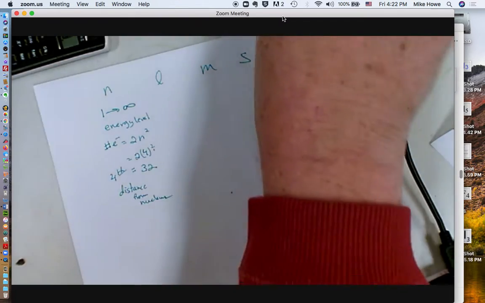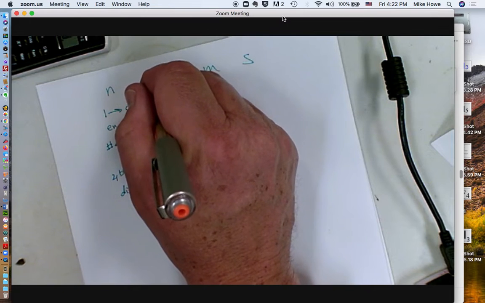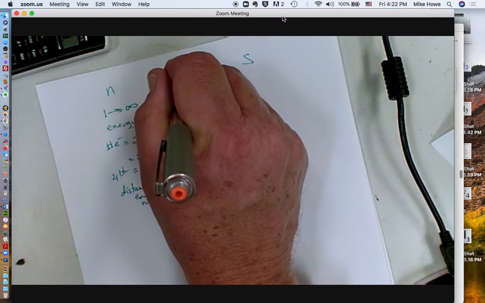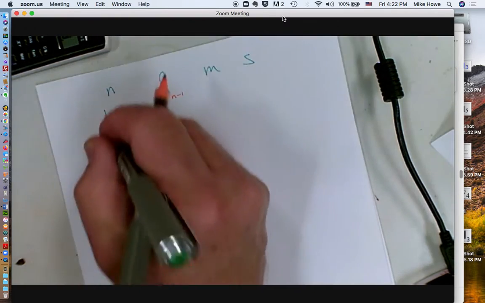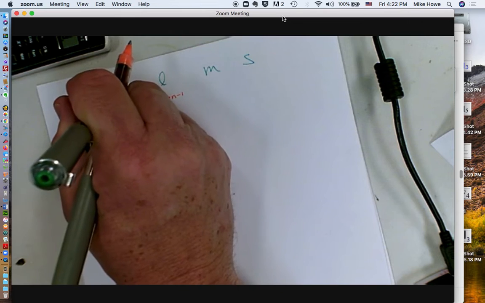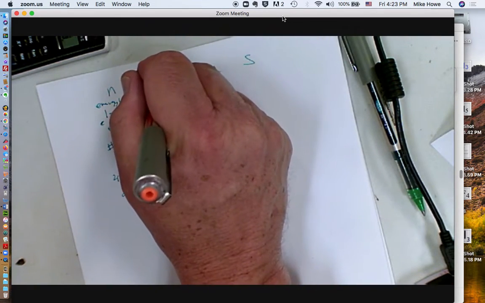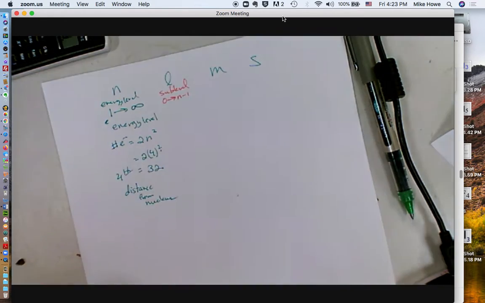All right, the L quantum number represents the sublevel, and it has values from 0 to n minus 1. So n is the energy level, and L is the sublevel. It goes from 0 to n minus 1.